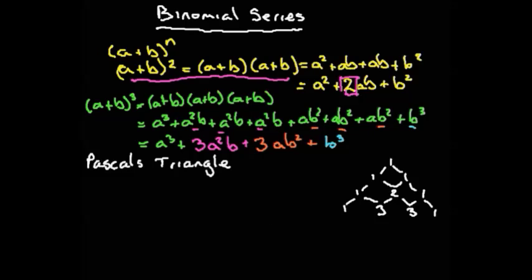There's also a pattern, I don't know if you've noticed that, in the powers. If I look here, I've got a to the 3, a to the 2, a to the 1, a to the 0, b to the 0, b to the 1, b to the 2, b to the 3. So if I was going to do any expansion, the first thing I could do is to use that pattern to write out my expansion.